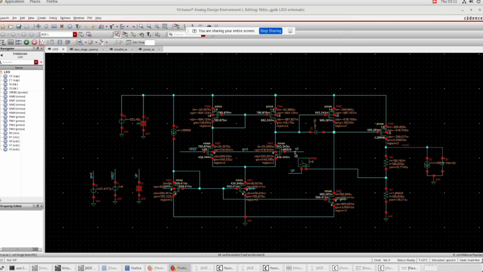So if this goes down, this will increase. If this increases, this is a PMOS, so again this decreases. So initially we increase this, and the feedback is causing this to decrease. So we can see that the concept of negative feedback is there in action. And that's it. Thank you.